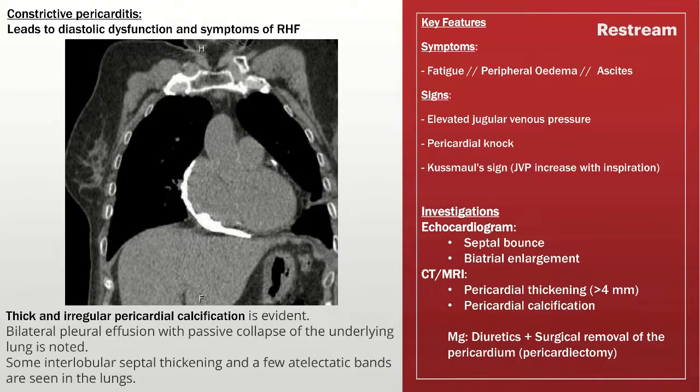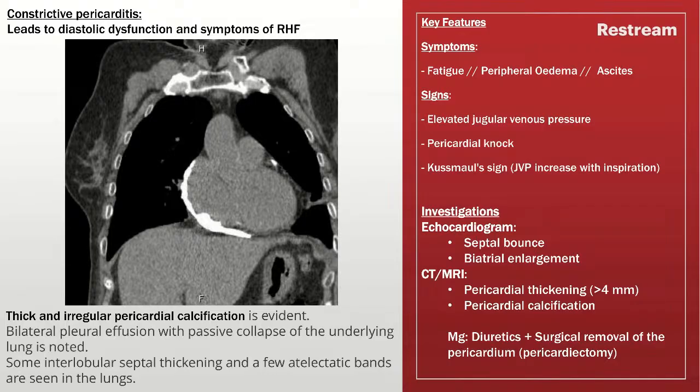This is when there's sort of calcification of the pericardium, and that stops normal systole and diastole in the heart, so the heart can't fully expand and pump out. It mainly happens around the right ventricle and the right atrium.